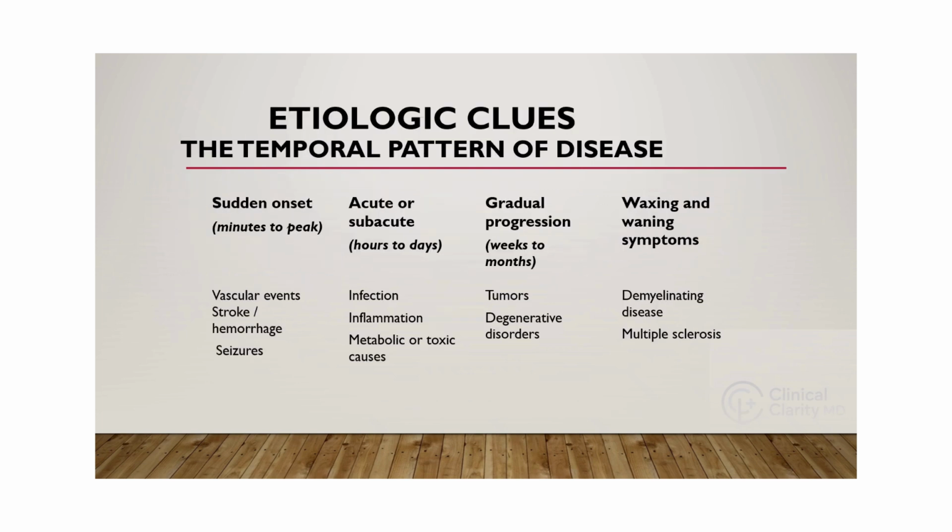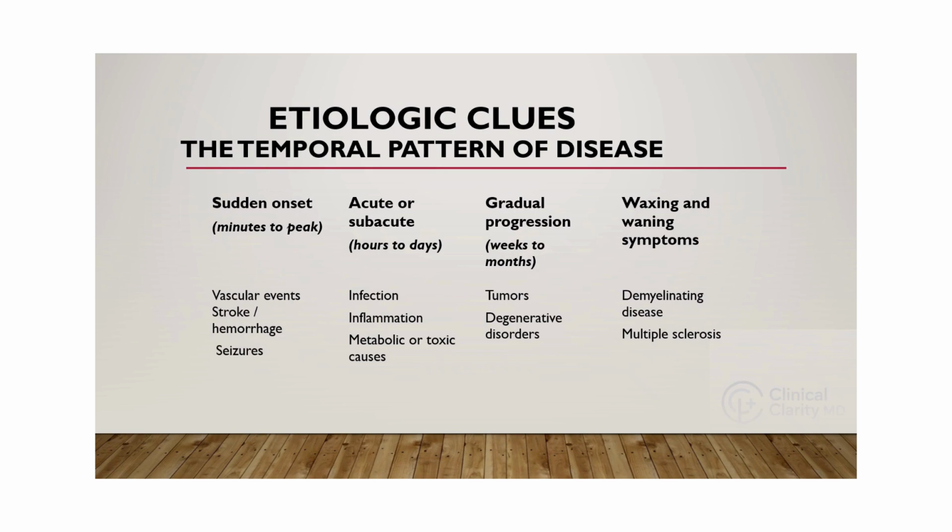Once the lesion is anatomically localized, the next major question is, what is the underlying pathology? In neurology, the time course of symptoms is often one of the most powerful diagnostic clues. A sudden onset, reaching maximum severity within minutes, strongly suggests a vascular event such as ischemic stroke or hemorrhage.